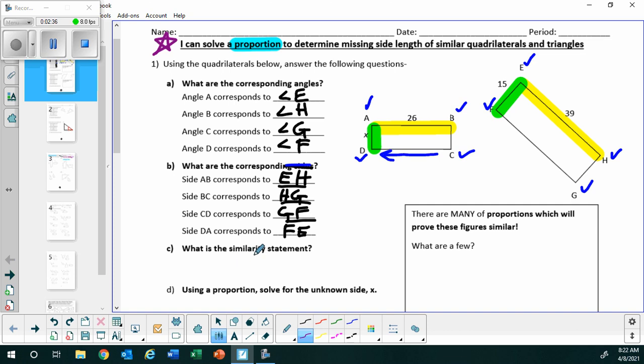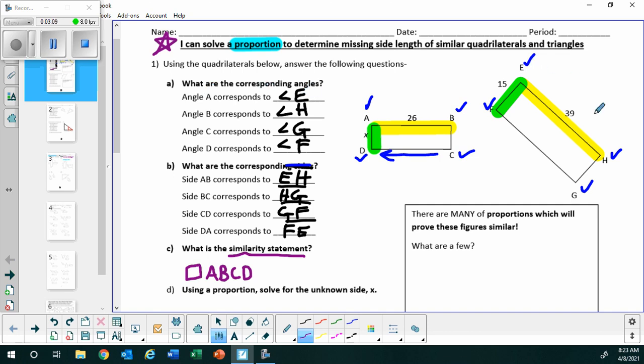Now, another key thing I wanted to review before we talk about today's I can statement was that in our last class, we talked about this thing called a similarity statement. So I wanted to review with you guys that you can write these for yourselves and say, okay, I'm dealing with a quadrilateral, so I'm just going to draw a little rectangle or a little square. And I'm going to call the first one quadrilateral ABCD. I'm just going around clockwise. Now, the whole point of this process was that you know angle E and A are in the same spot.